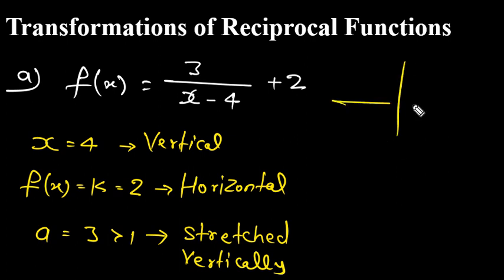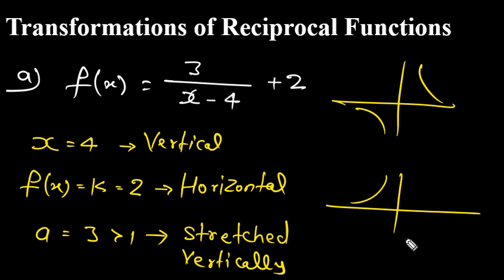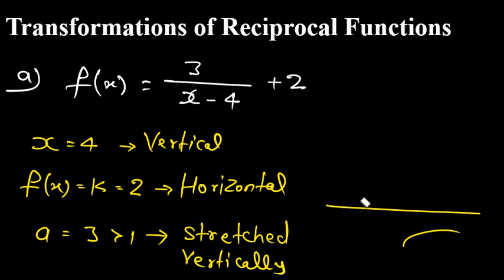The original graph is like this, right? When I say reflection across x-axis, then it will be reflected like this, okay? This will come down and this will go up. Will it be reflected? No, it will not be reflected because a is more than 1 and positive.